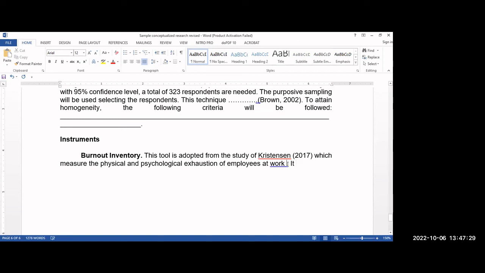So you just have to describe the tool. What does it measure? So it measures the physical and psychological exhaustion.